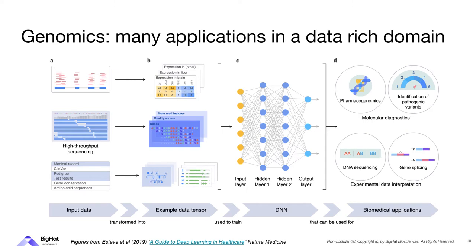Another big application area for deep learning tech in healthcare is in genomics data. This is in part because there's so much rich data in genomics from the explosion of sequencing in the last 10 years.